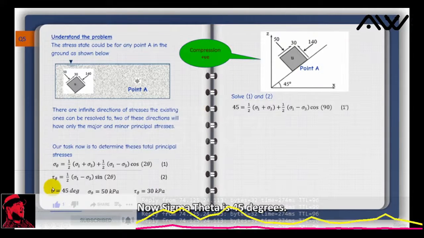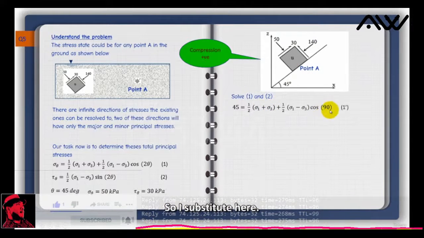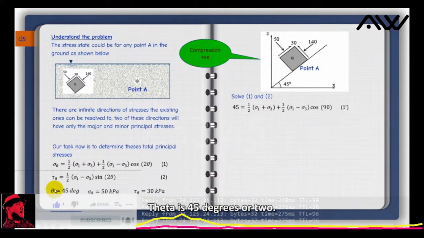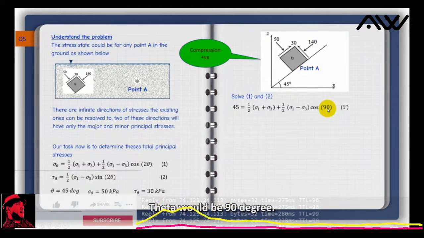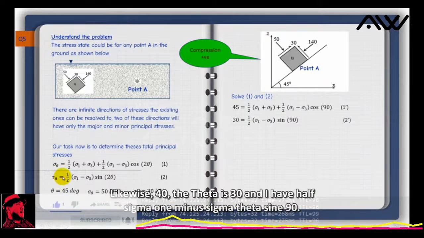as follows. I'm just substituting in equation 1, and I am trying to get sigma 1 and sigma 3. Theta is 45 degrees, so 2 theta would be 90 degrees. That's equation 1 dash. Likewise, for tau theta, which is 30, I have half sigma 1 minus sigma 3 sine 90.